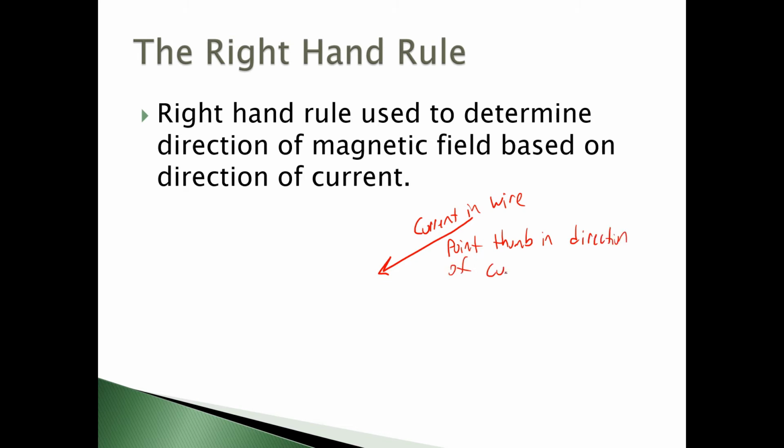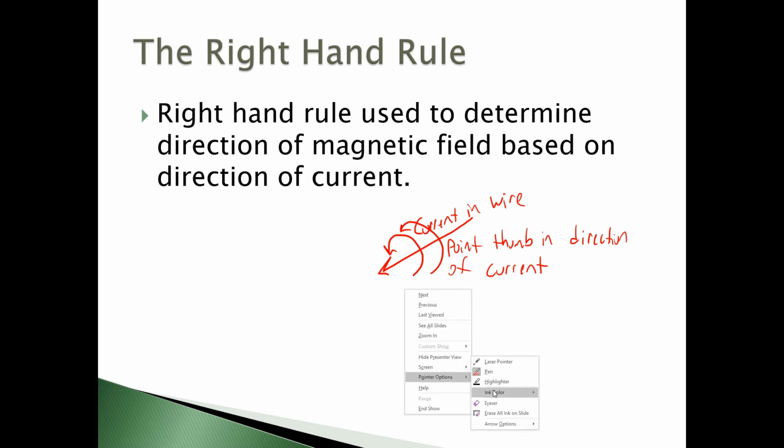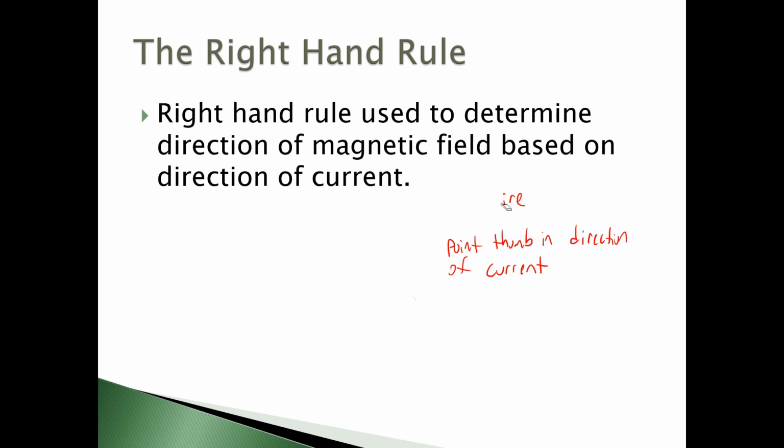And then the way your fingers curl around it: if you're using your right hand and your current's going this way, your fingers should curl around it like this. Let me redraw this. If my current is going this way, then using my right hand, my fingers should curl around it like this.